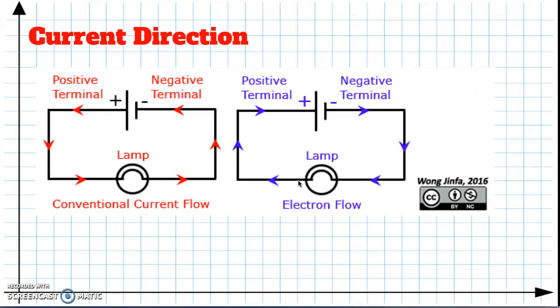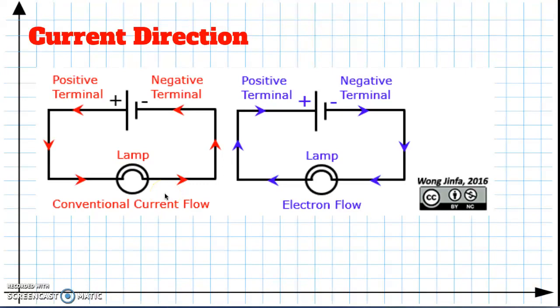Thanks to Ben Franklin, we're a little bit screwed up on the direction. The conventional current is the current that Ben Franklin postulated. If you imagine a battery with a positive terminal, positive charges would flow out of here, would go around the circuit, and would go back in the other side. We would say the red arrows represent the flow of positive charges, which is what we call the conventional current.